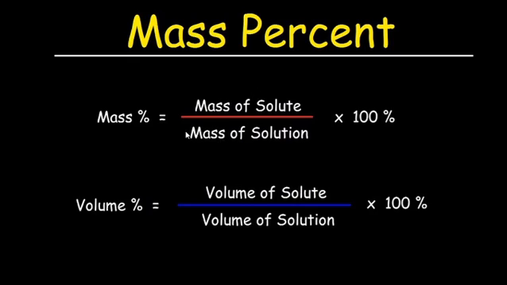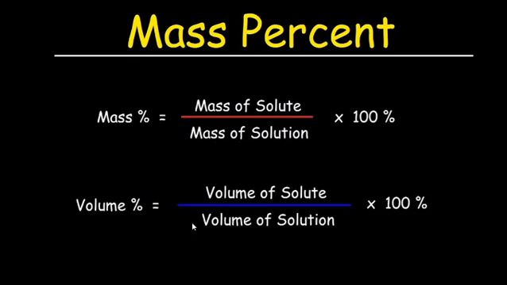Mass percentage is equal to mass of solute divided by mass of solution, times 100, where solution means solute plus solvent. How to calculate volume percentage?